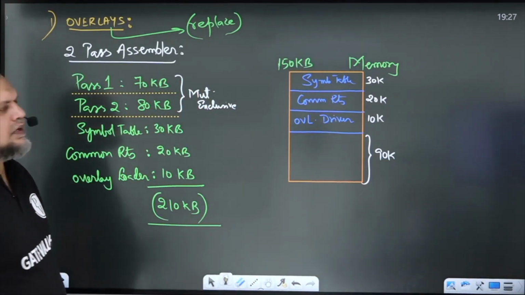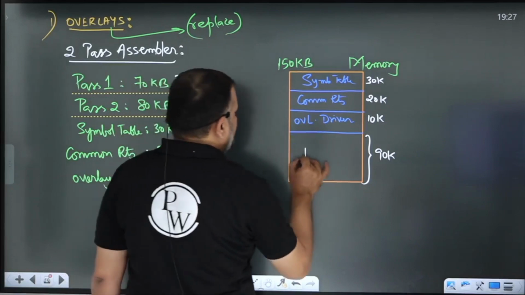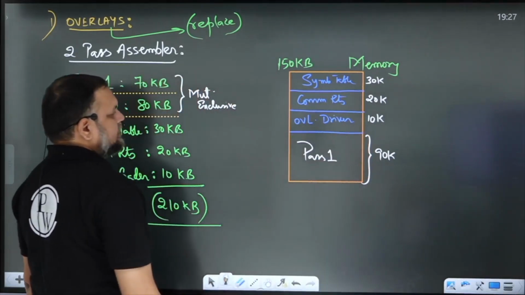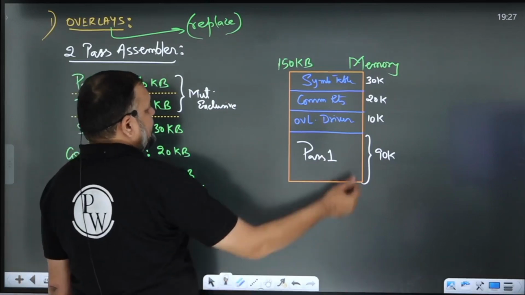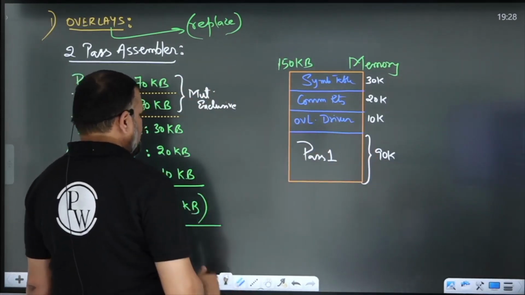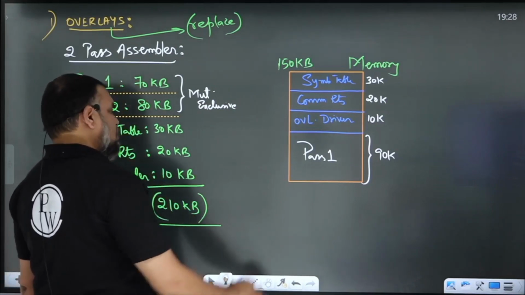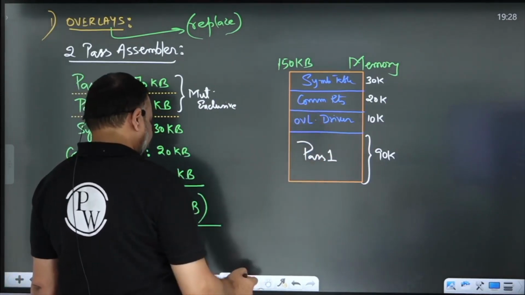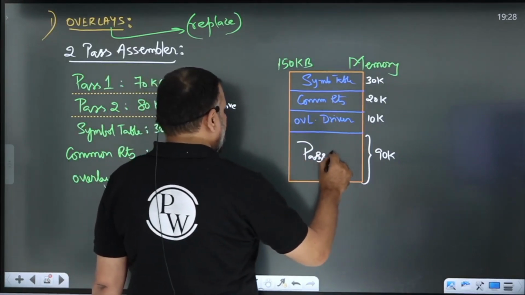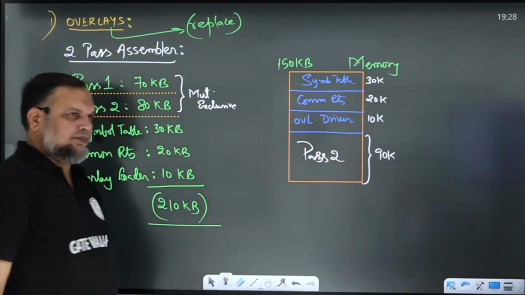So I can say that first I will load pass 1 program here, and complete pass 1. This 90K is sufficient enough to load either pass 1 or pass 2. Once pass 1 assembly is done, then the overlay driver will overlay the code in the same area with pass 2 and complete pass 2.